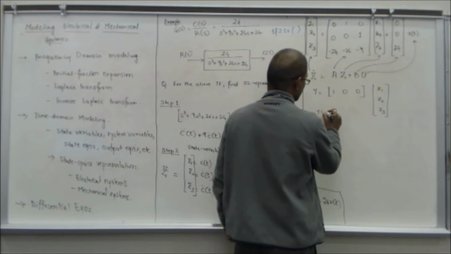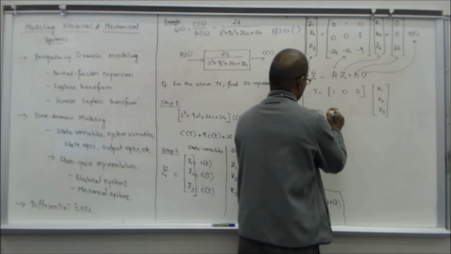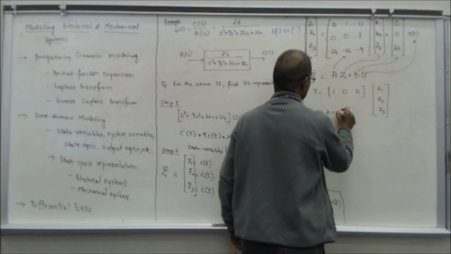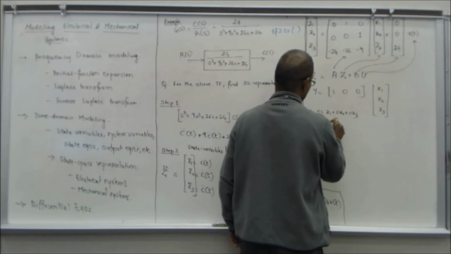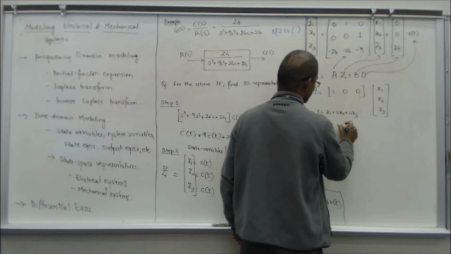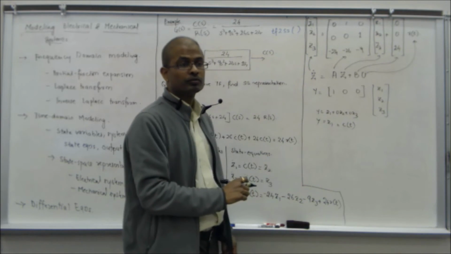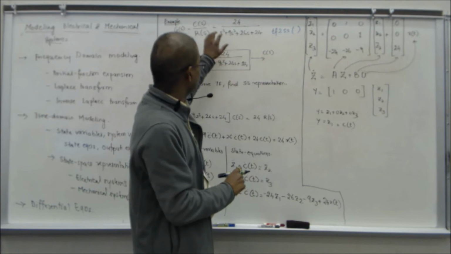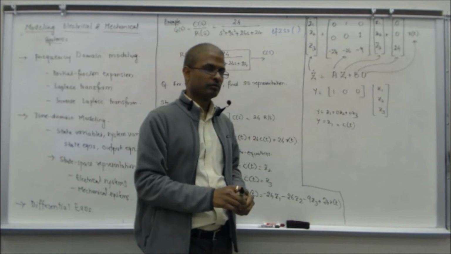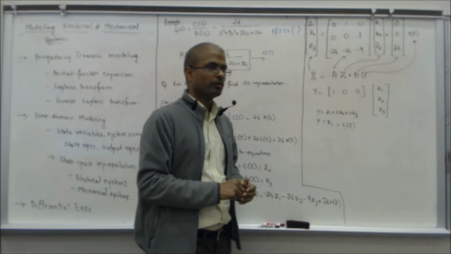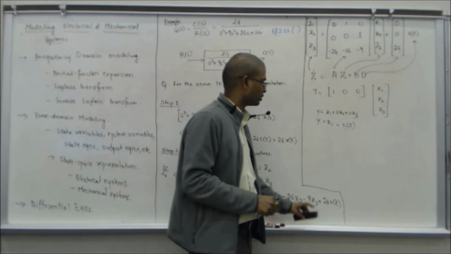Y is equal to Z1 plus 0 Z2 plus 0 Z3, or it is just Z1, which is equal to C of t. If you are given a system like this, you will always get it like this. But we'll take a look at another one.